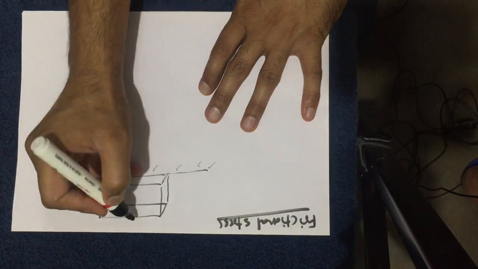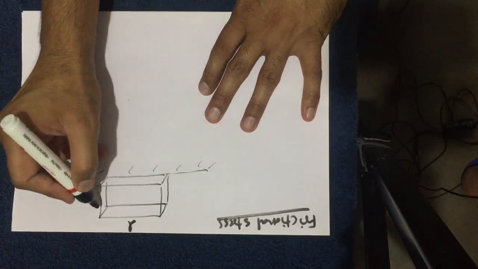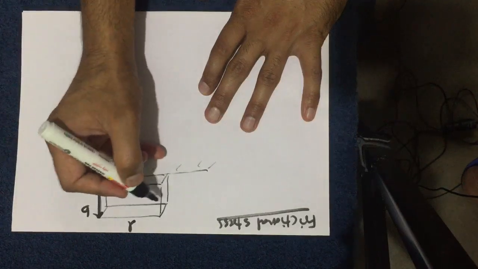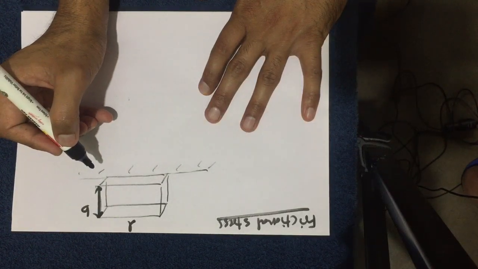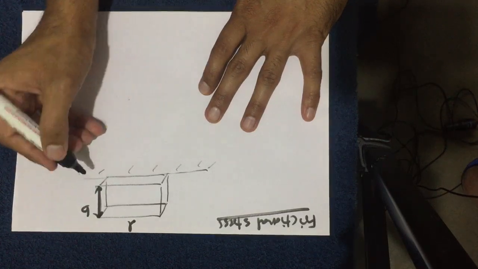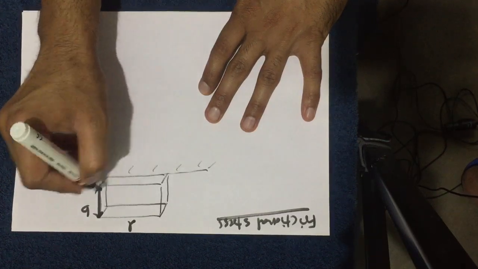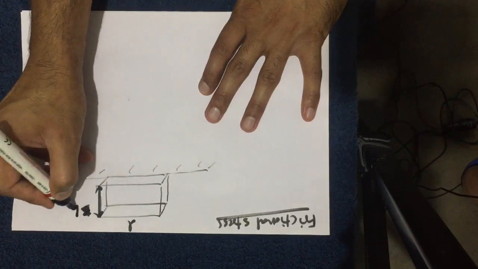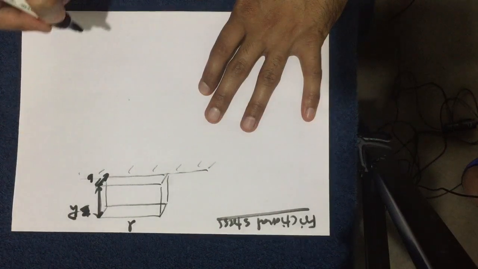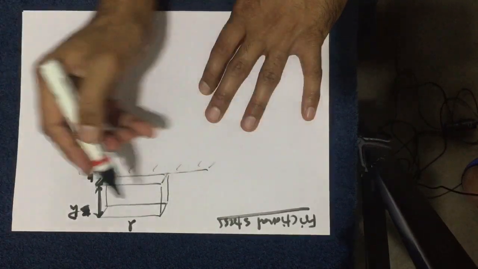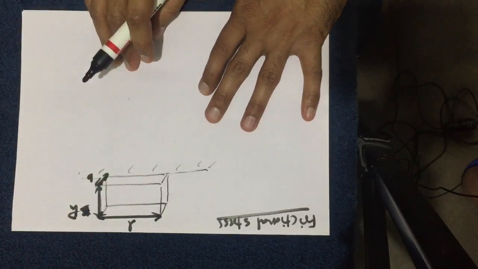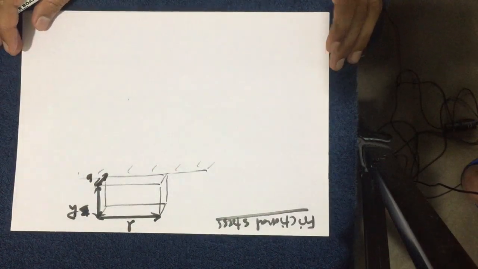The dimension here is L, and this dimension is say B, and the thickness of the slab, sorry, this will be H, and I have drawn the thickness a much higher value, and this is the width of the slab. So you got the width of the slab, the length of the slab, and you got the height of the slab.